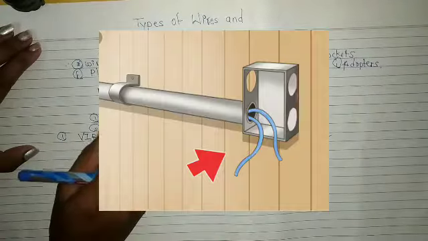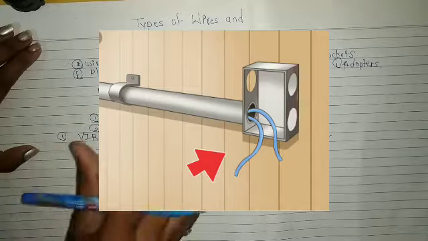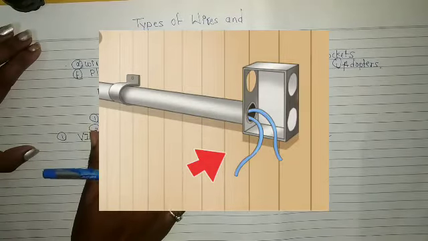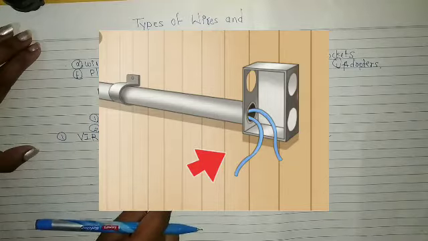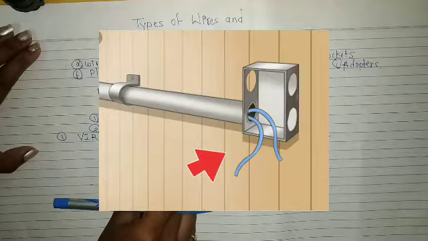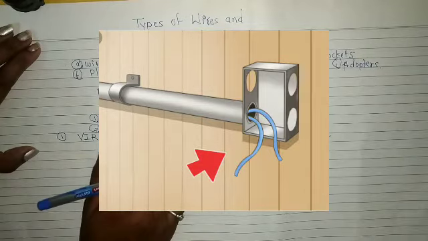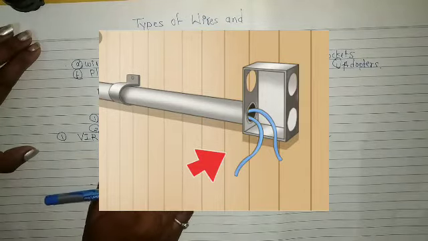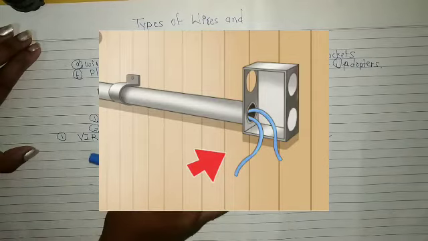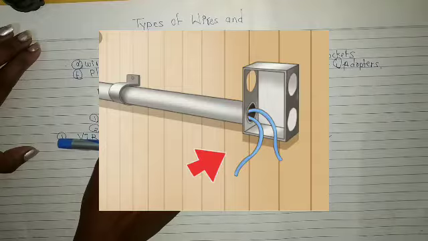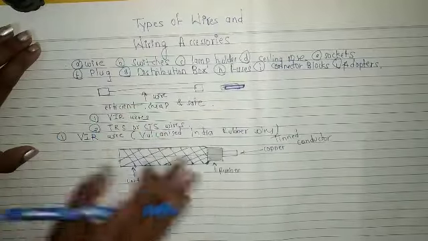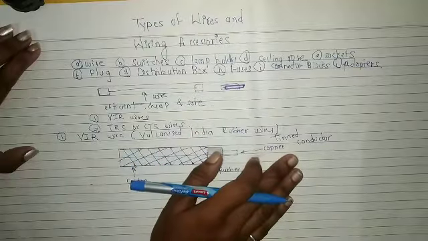And conduit means it is a tube used to protect our wires. You can see in the picture I have inserted. So conduit is a tube in which our insulated wires are placed, and they route the electrical wiring. That means they provide the route for our wiring.